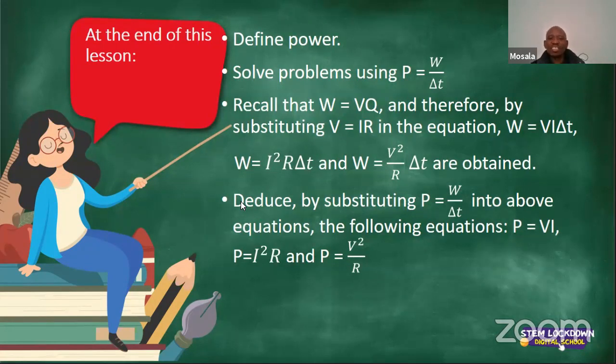These equations will normally be given in a formula sheet. If you go to the DBE website and download the previous grade 11 question papers, paper 1, you should find the formula sheet at the back of the question paper. So these equations will be there.